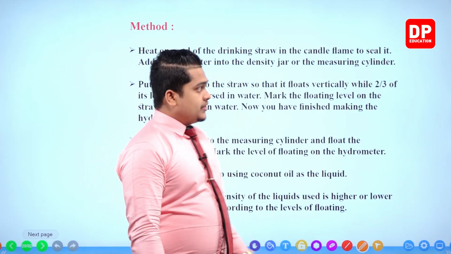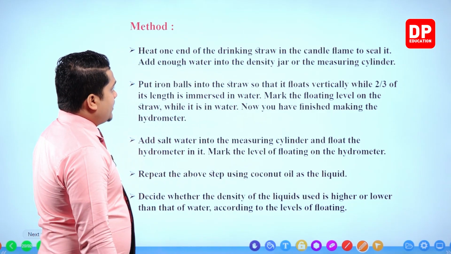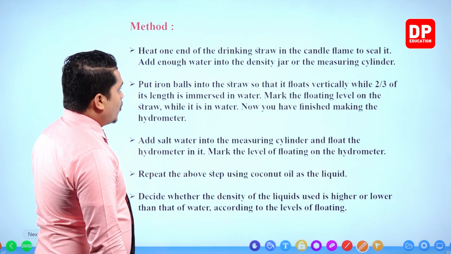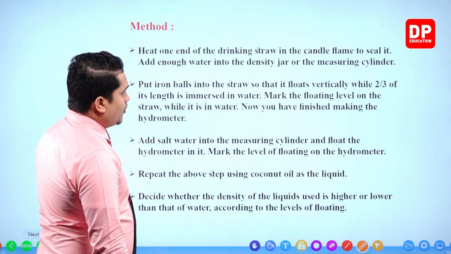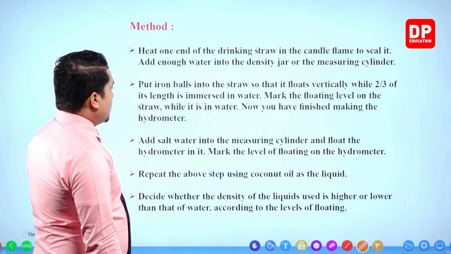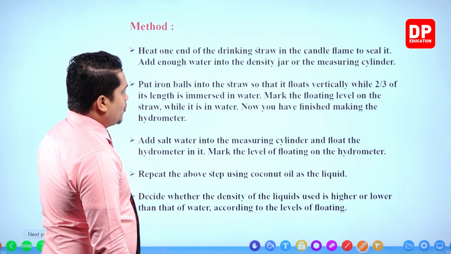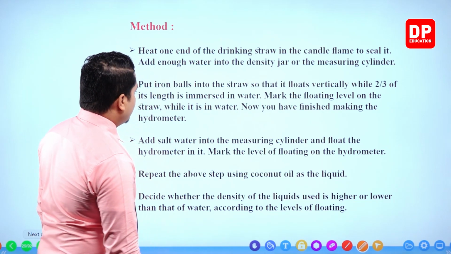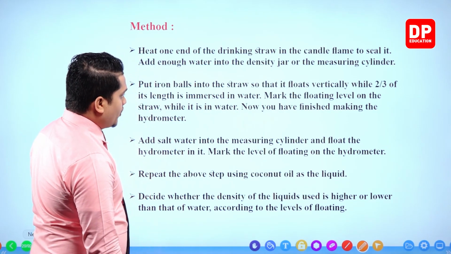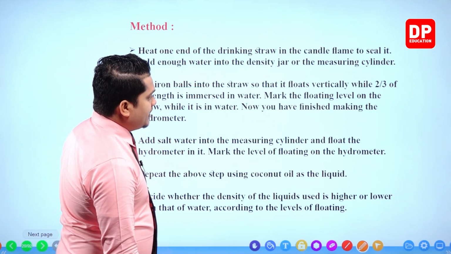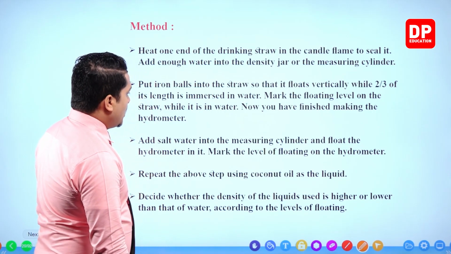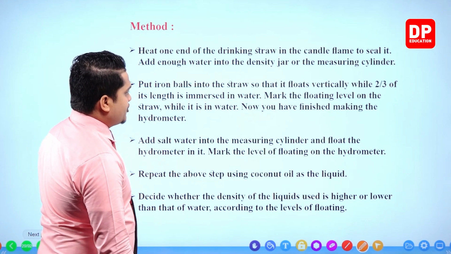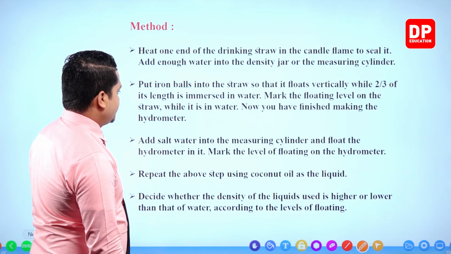Add enough water to the density jar or the measuring cylinder. Put iron balls into the straw so that it floats vertically while 2/3 of its length is immersed in water. Mark the floating level on the straw while it is in water. Now you have finished making the hydrometer.